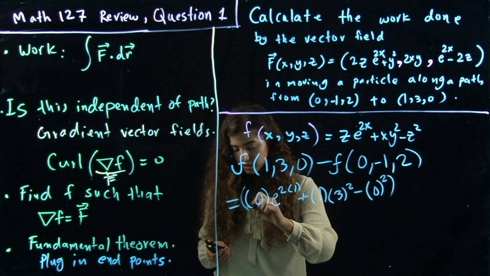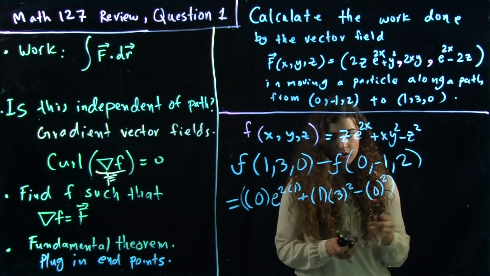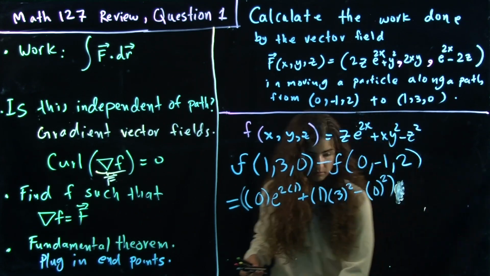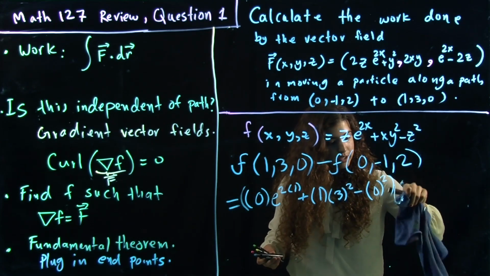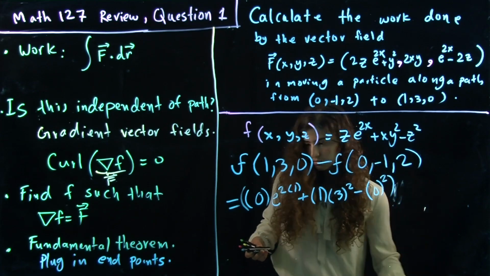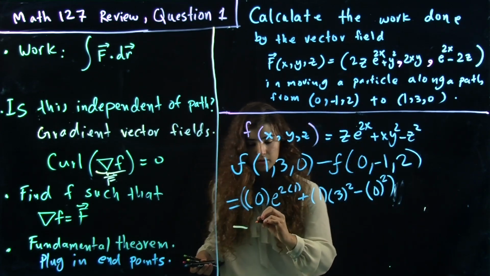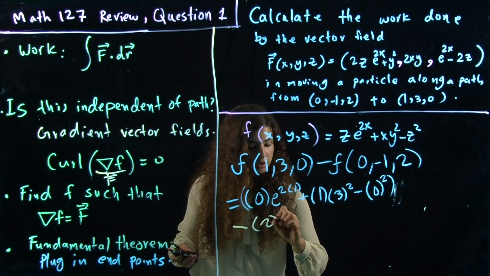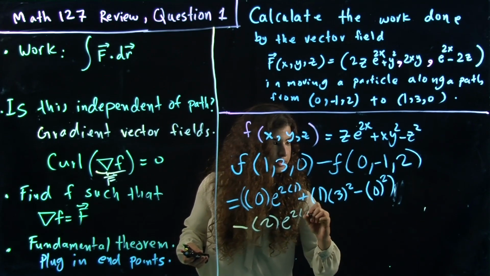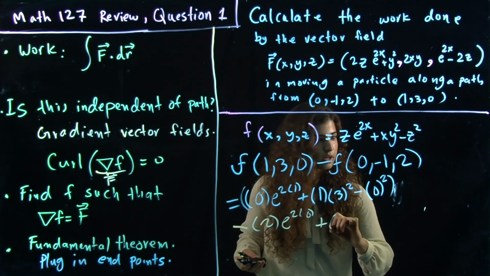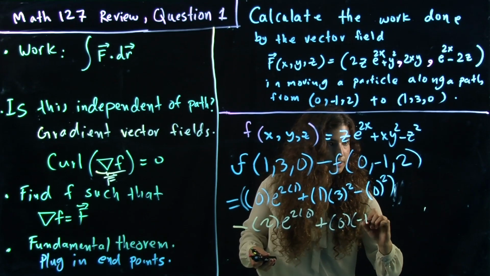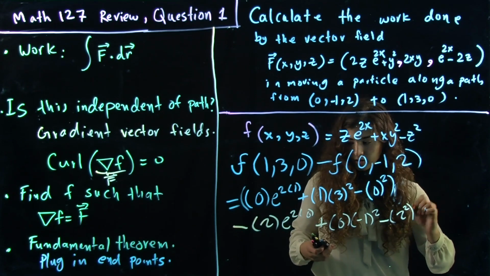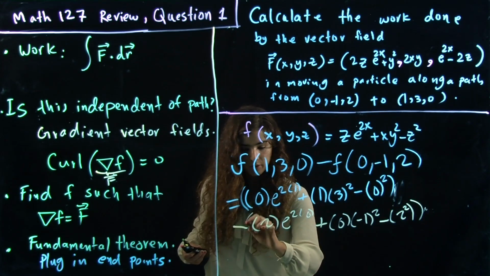So we have that entire quantity minus our initial. So we have our z of our initial, which is 2, e to the 2x, which is 0, plus x, which is 0, our y, which is negative 1 squared, minus our z squared, which is 2 squared, to the entire quantity.